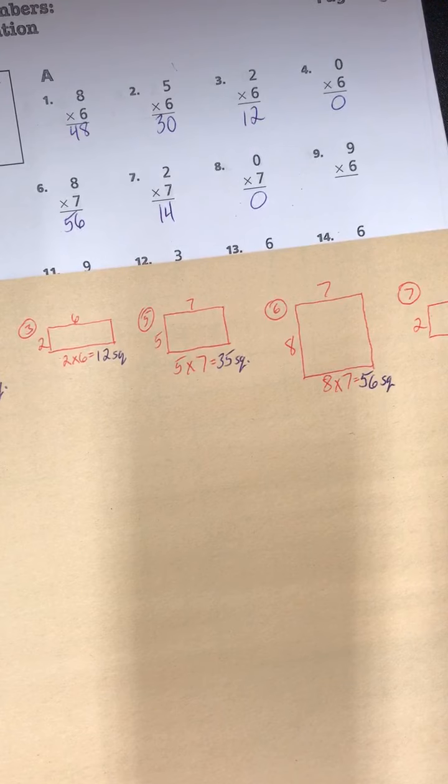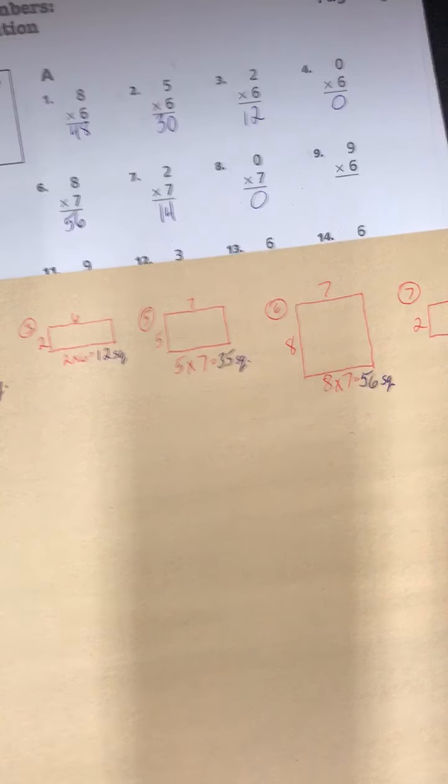Label your rectangle. Put the 9 on the left, and the 6 on top. Use your multiplication chart. Find 9 times 6.